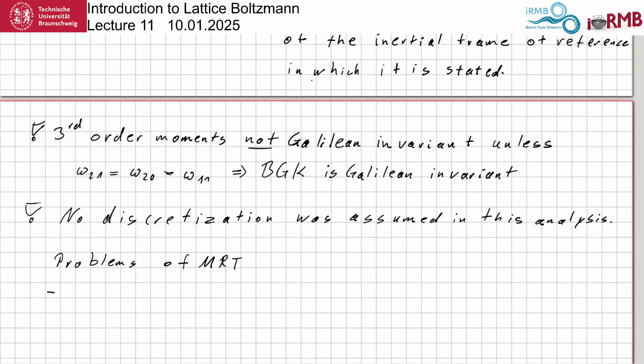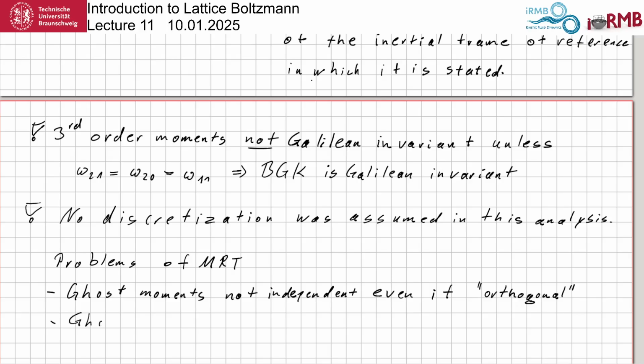So we had the problem that the ghost moments were not independent of each other, as we noticed, even if they were, in quotations, orthogonal. So we always had this dependency somehow. Anyway, this has nothing to do with Galilean invariance. But on top of this, the ghosts are not Galilean invariant.